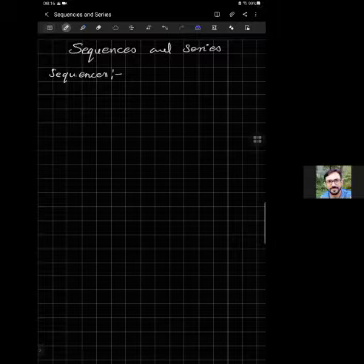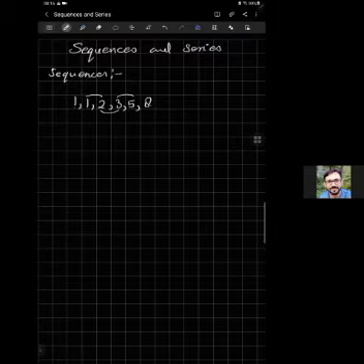Sequence. See, any infinite terms are in whatever way. Like, I'm writing one sequence as 1, then again 1, then 1 plus 1, two previous terms I'm adding. 1 plus 2, 3, 3 plus 2, 5, 5 plus 3, 8, 8 plus 5, 13, and so on.